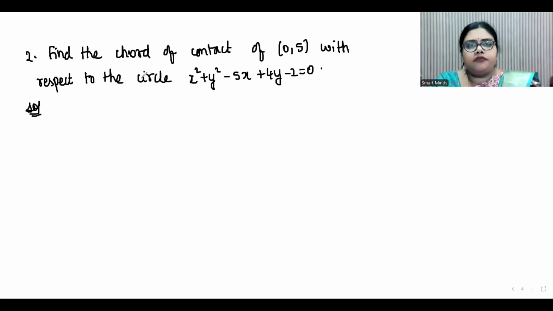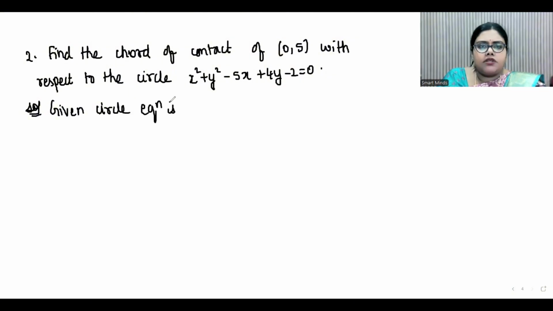Take the next question. Find the chord of contact of (0, 5) with respect to the circle x square plus y square minus 5x plus 4y minus 2 equals 0. First, let us write down the given circle.